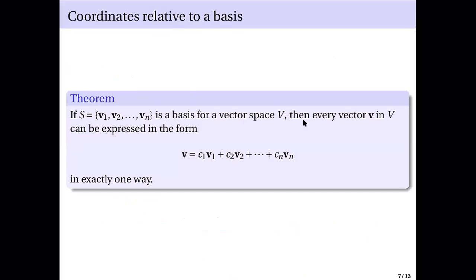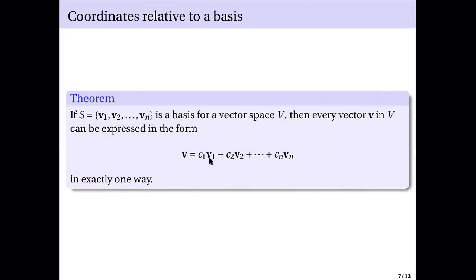Then every vector V in the vector space V can be expressed in this form in exactly one way. Okay, in exactly one way. So vector space V, okay, we get a vector bold V, and we can write V in terms of the basis elements V1, V2, Vn.